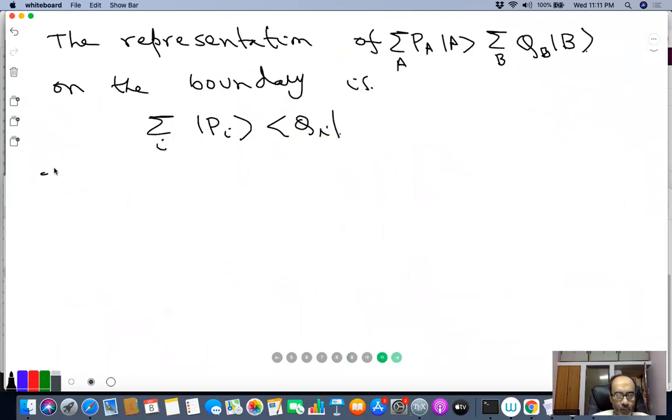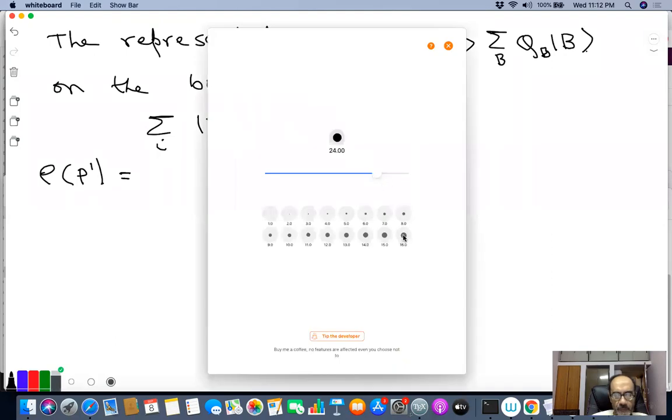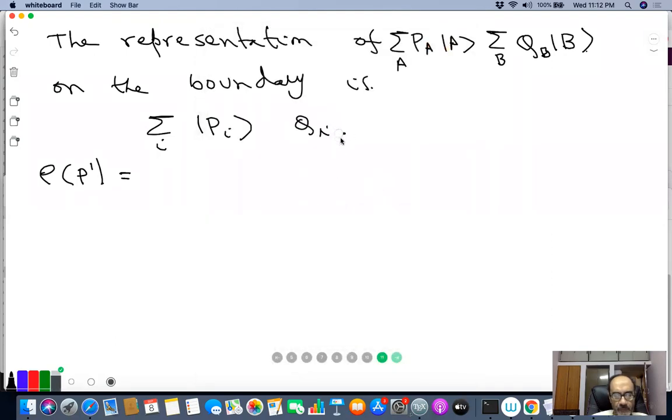So let's do that. So rho of the region P prime. Now remember that this is supported on the basis states A. This is Qi.